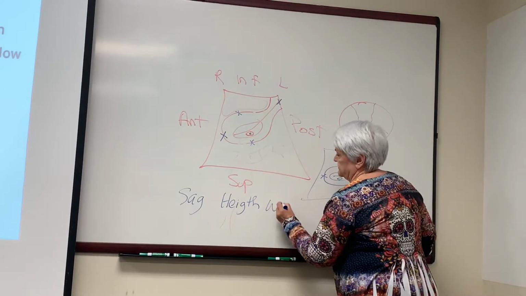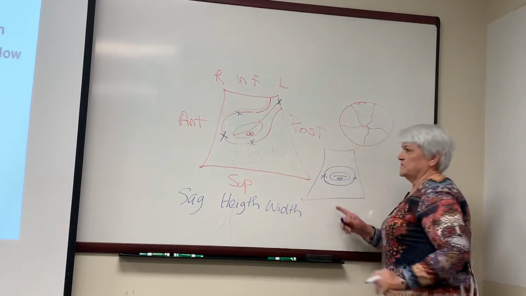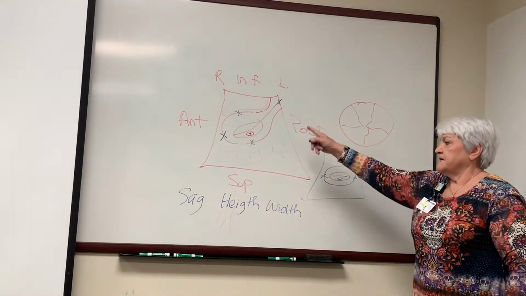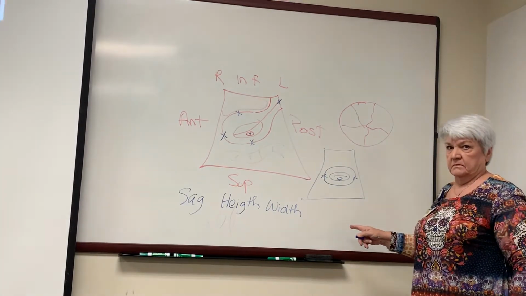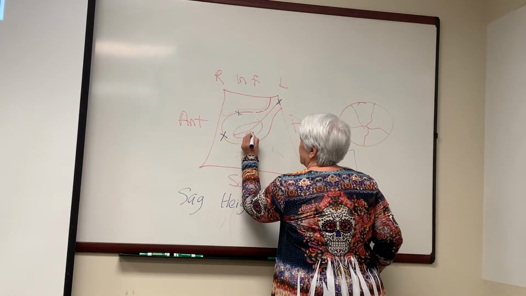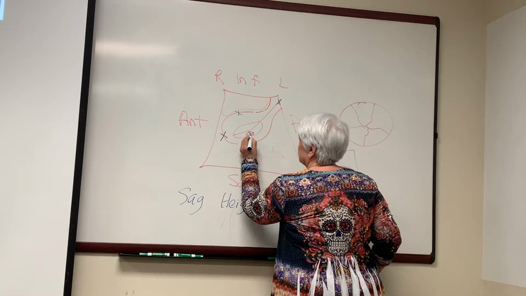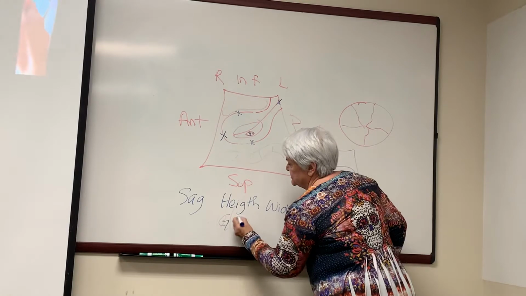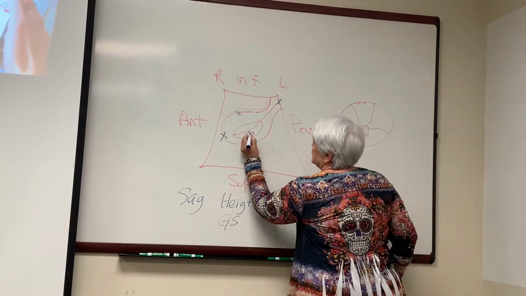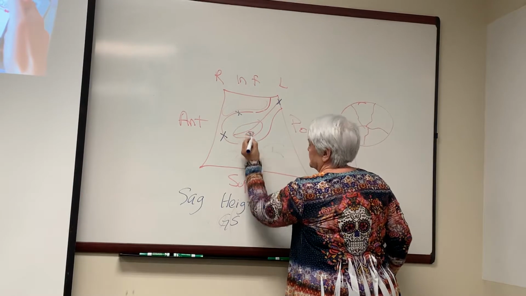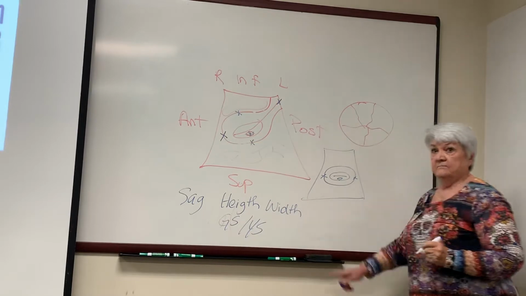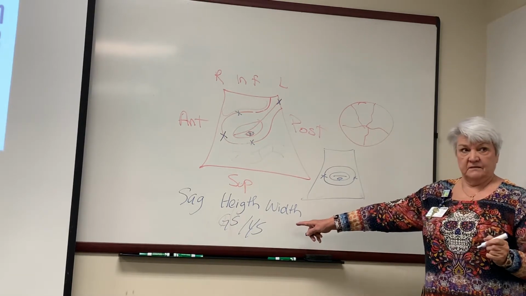And then the width. Just like I do a regular pelvic exam. Okay? I'm going to take all 3 measurements. But I'm also going to measure the sac, my gestational sac, and I'm going to measure the yolk sac.